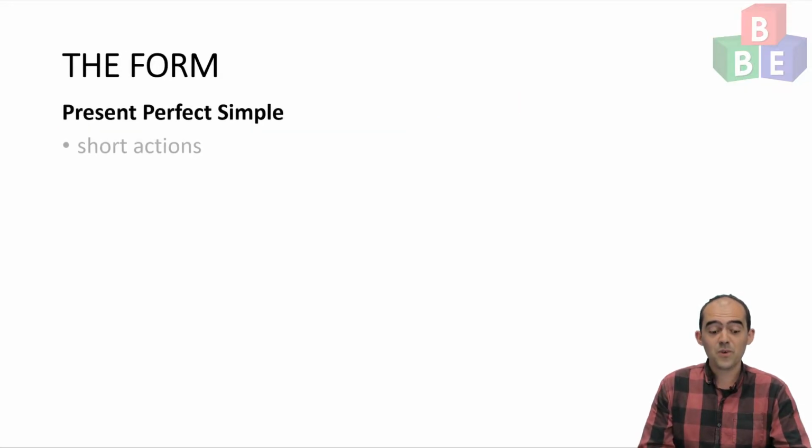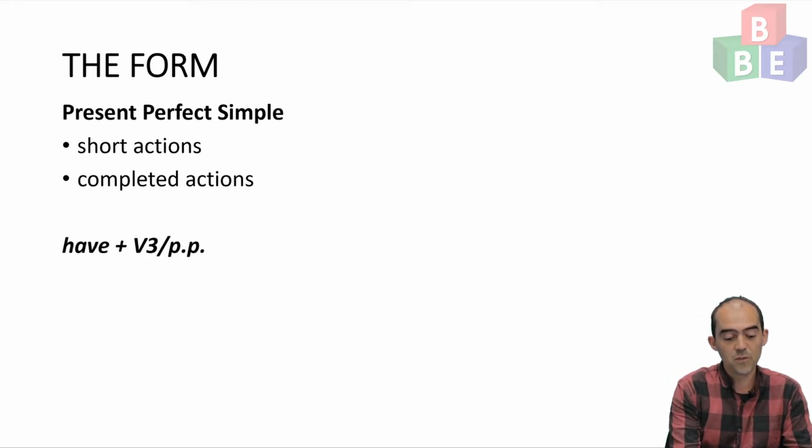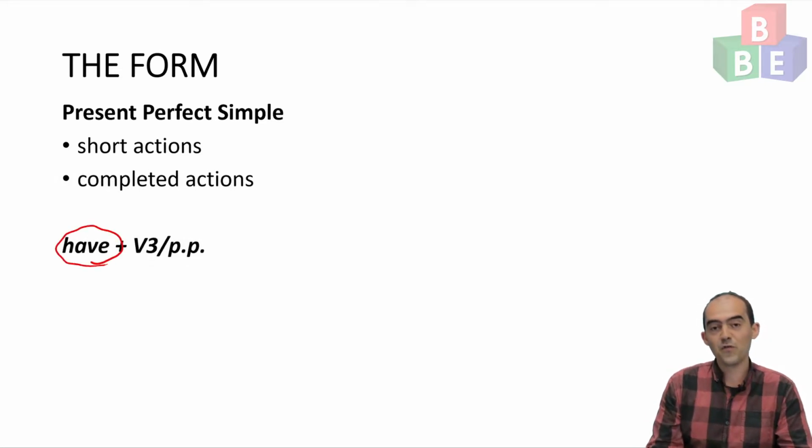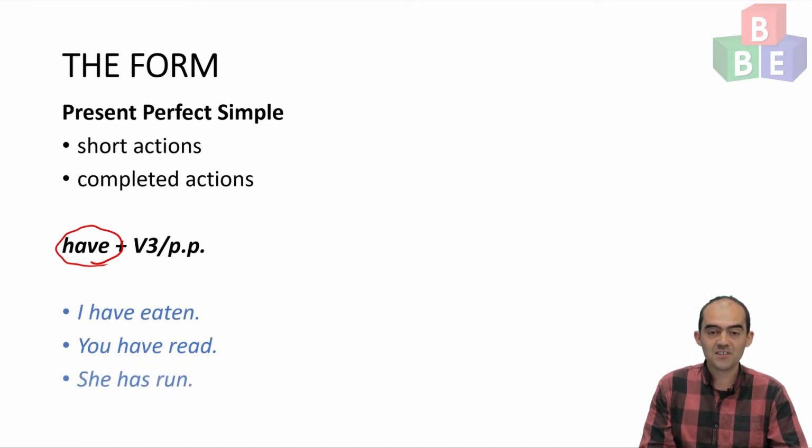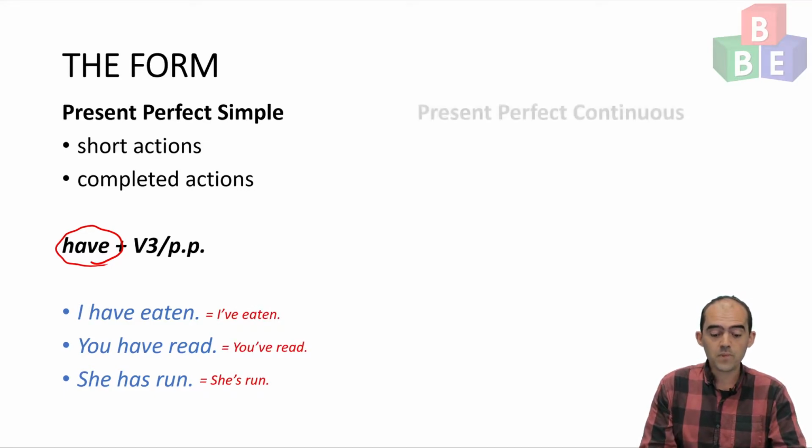So, the present perfect simple is formed by using the auxiliary verb have plus the verb 3 or past participle, pp. So I have eaten, you have read, she has run. And remember that the have can be contracted into I've eaten, you've read, she's run.